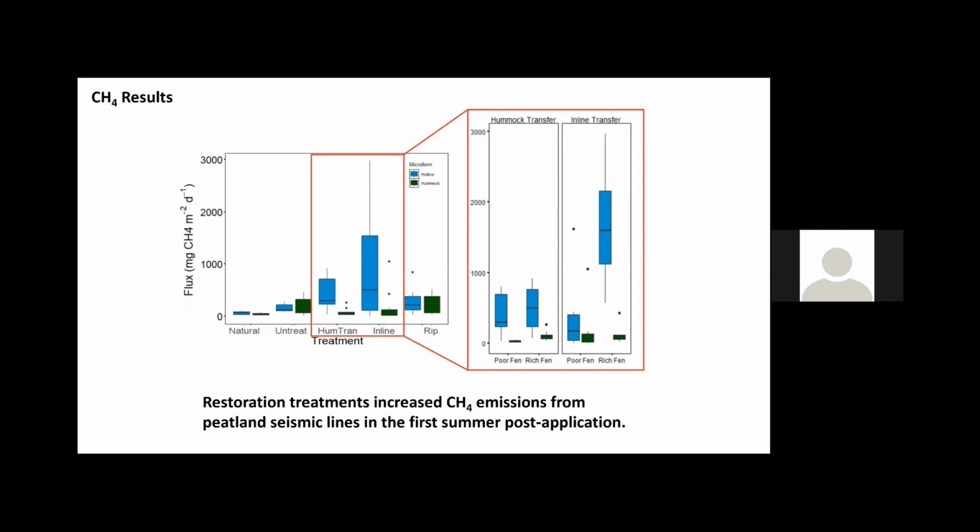And you can see here that the mounding techniques had the highest amounts of CH4 emissions. And in particular, there's this one huge jump in the hollows of the inline transfer of the rich fen. And we think that might be just because they're the wettest and deepest, and it's also a Carex-dominated area that was beginning to reestablish partway through the summer.